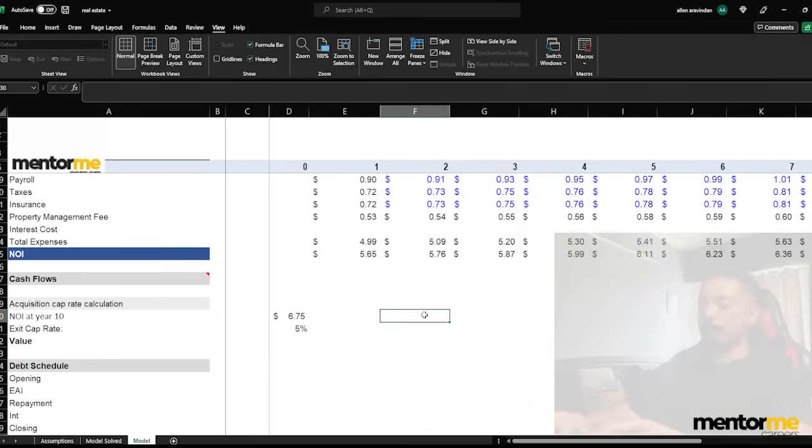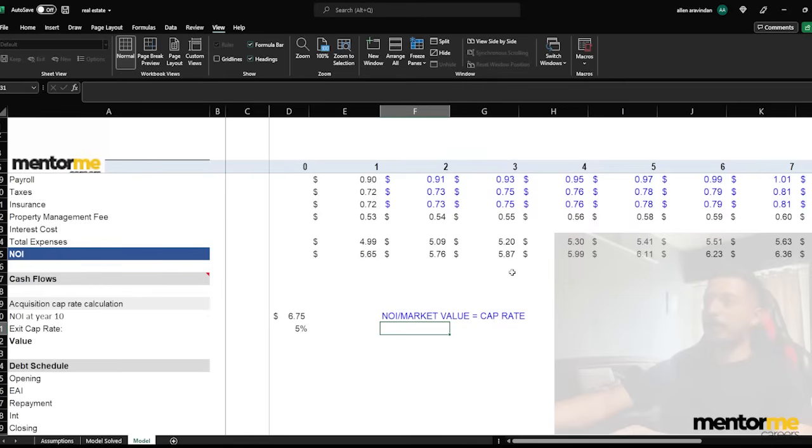So it's a reverse calculation, because how do we usually find the cap rate? I'm just going to show you the formula quickly here. If we divide the NOI by the market value, right, this actually gives us the cap rate. So now if the cap rate is given and we know the NOI, we can also find the market value.